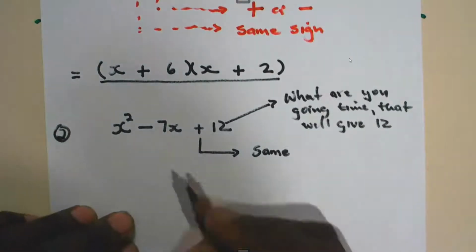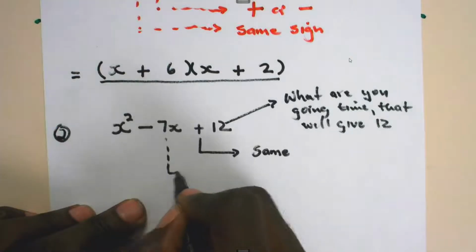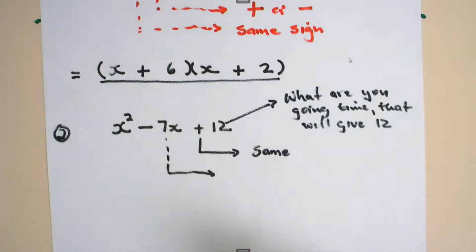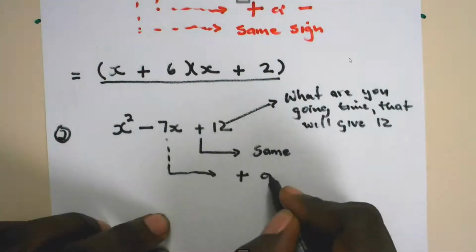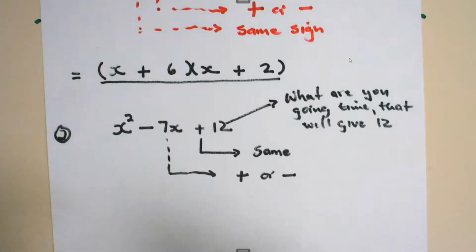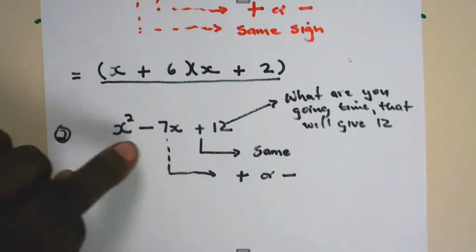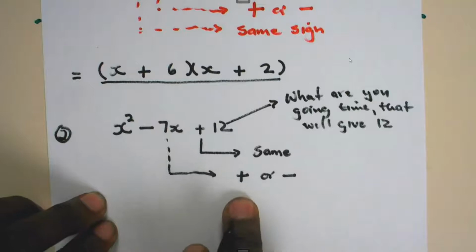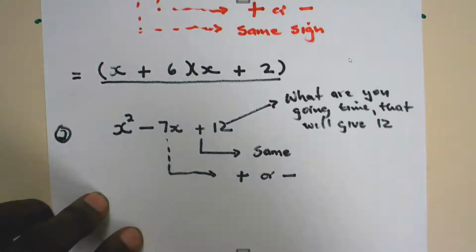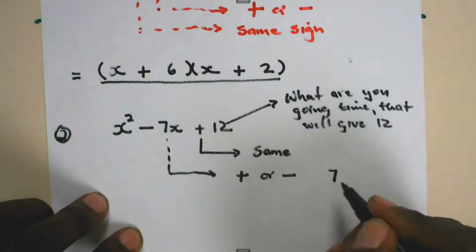Now, coming to the number 7. The number 7 can have a positive or a negative sign. It shows that negative 7 can be made by a negative sign or a positive sign.